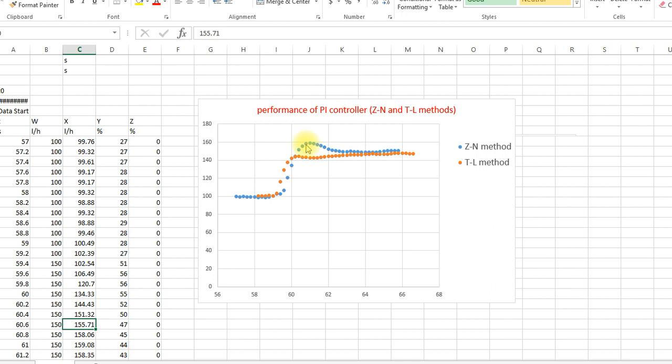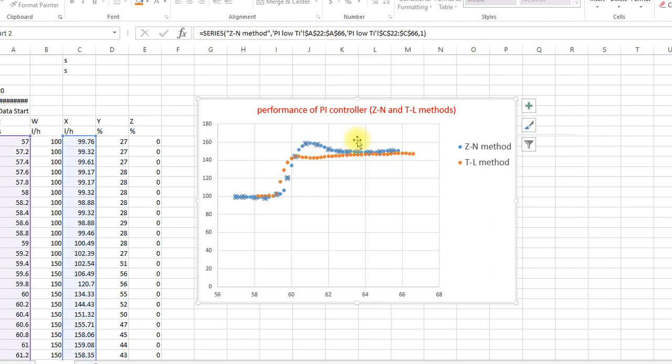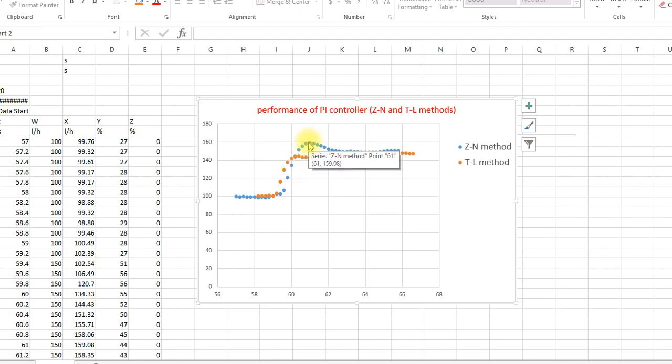So this is the one with the ZN method. So you can see it is going faster, but it has overshoot. It's going beyond the set point, almost 160. The new set point is 150. Okay, then coming back, but it is reaching the steady state faster.